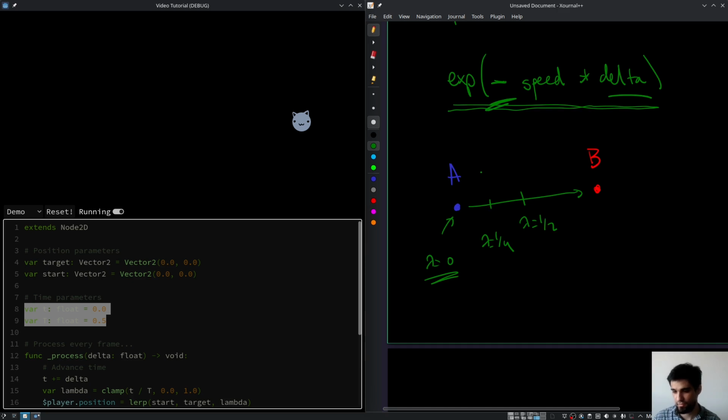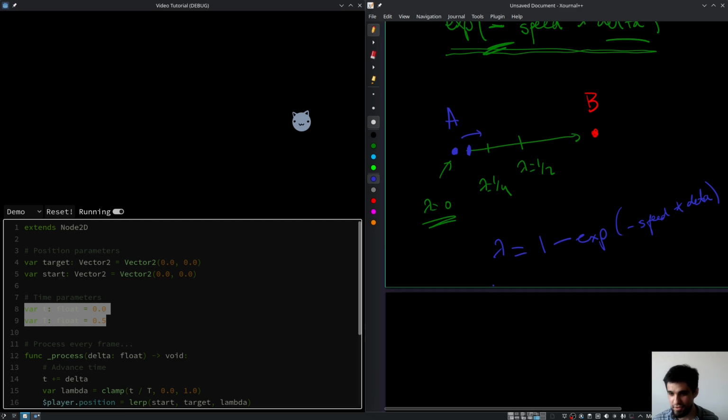So if we want to go from A to B, lambda is going to be equal to 1 minus the exponential of minus the speed times delta. So essentially every frame we're getting a little bit closer. And so instead of multiplying by 0.9, we're multiplying by 0.01, for example.